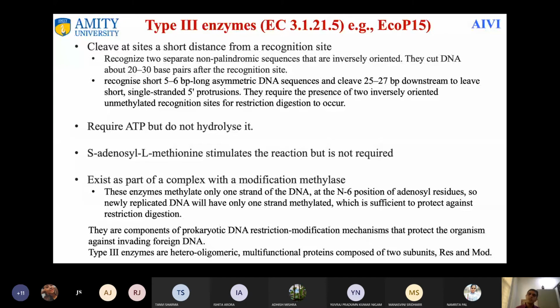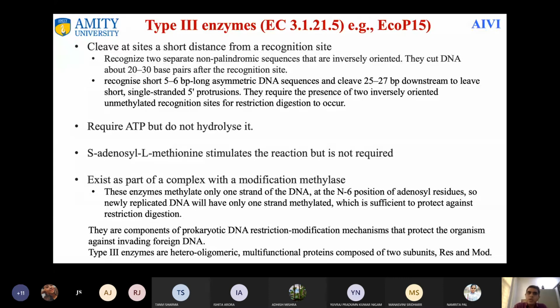Earlier I mentioned that your enzyme recognizes Noida and produces a cut in Gurgaon. Now the distance is decreased: the enzyme sits in one metro station and produces a cut at a nearby metro station. The distance is a bit less, but it is still distant, though not as large as Noida to Gurgaon. So the first characteristic on which these enzymes differ from type 1 is that the cleavage site is a short distance from the recognition site.